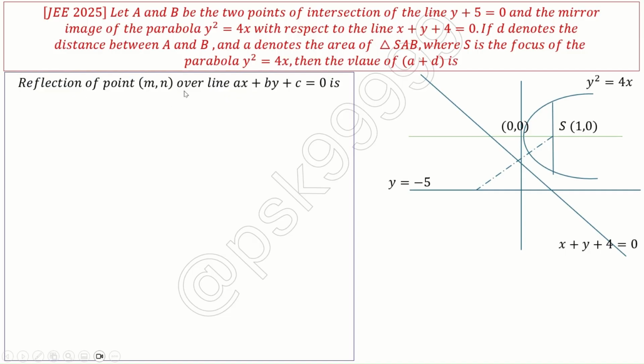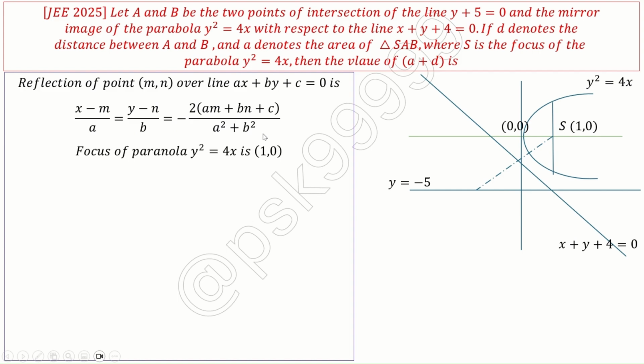First thing is the reflection of point (m, n) over the line ax + by + c = 0. How do you find it? It is (x - m)/a = (y - n)/b = -2(am + bn + c)/(a² + b²). You apply this formula. The focus of parabola y² = 4x is (1, 0), which we know.